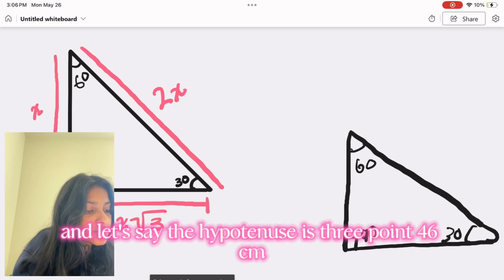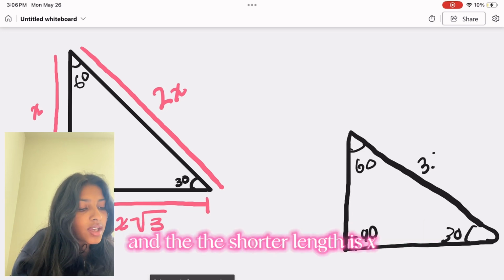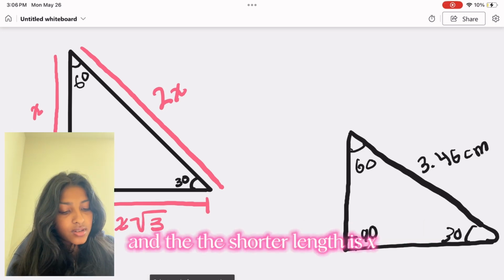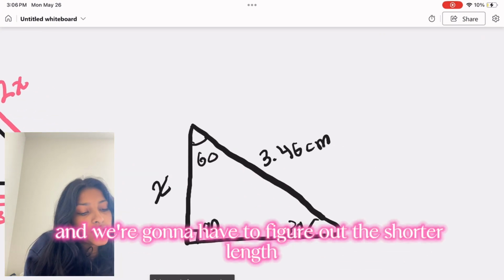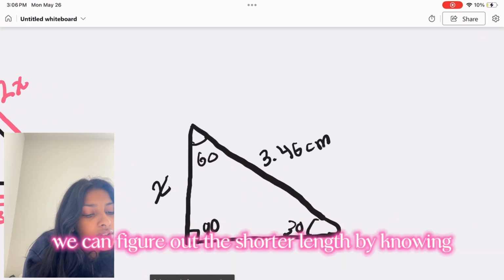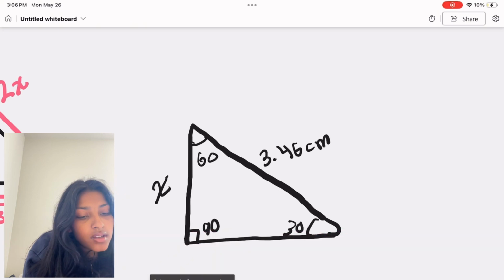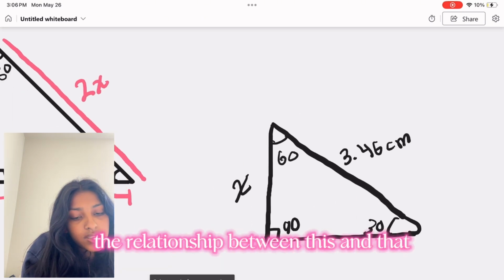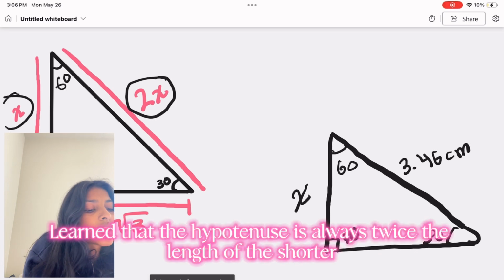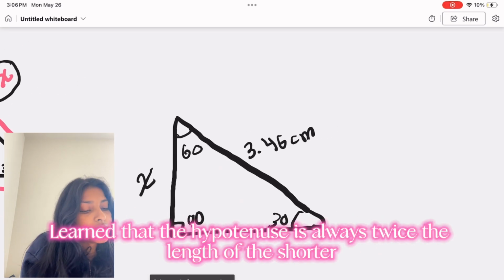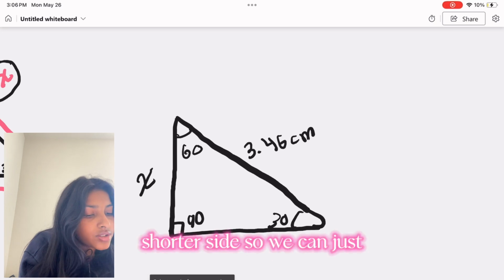3.46 centimeters. And the shorter length is x, and we're going to have to figure out the shorter length. We can figure out the shorter length by knowing the relationship between this and that. So we learned that the hypotenuse is always twice the length of the shorter side.